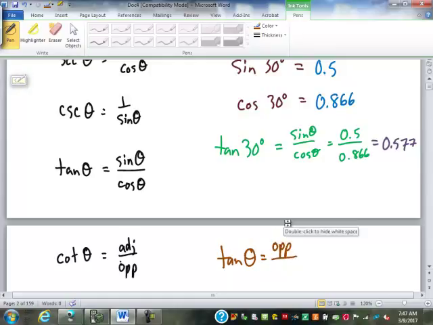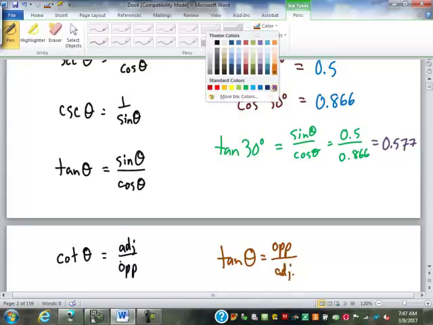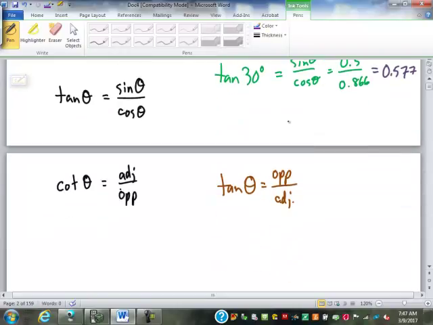Tangent's the one that doesn't use the hypotenuse. Opposite over adjacent. There you go. Tangent's opposite over adjacent. Cotangent was adjacent over opposite. So if we look at those two, there's a relationship there. The cotangent is just the reciprocal of the tangent.